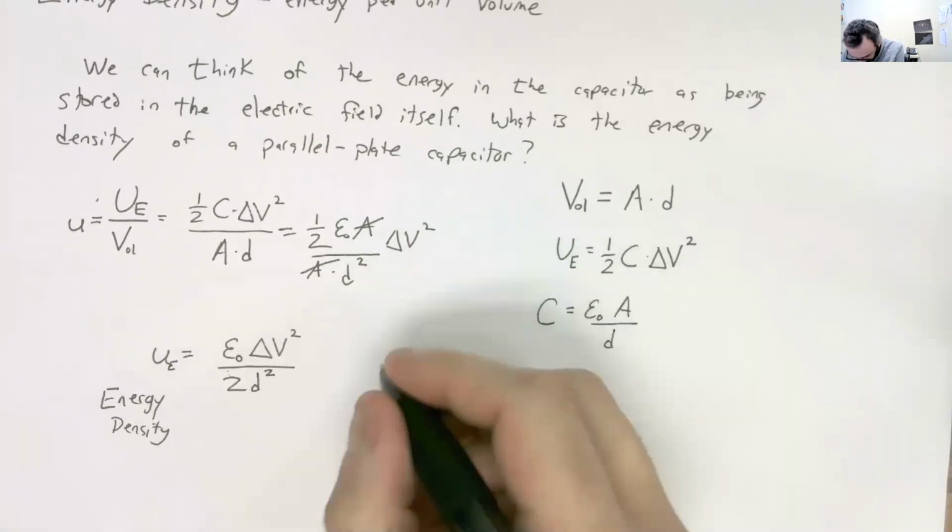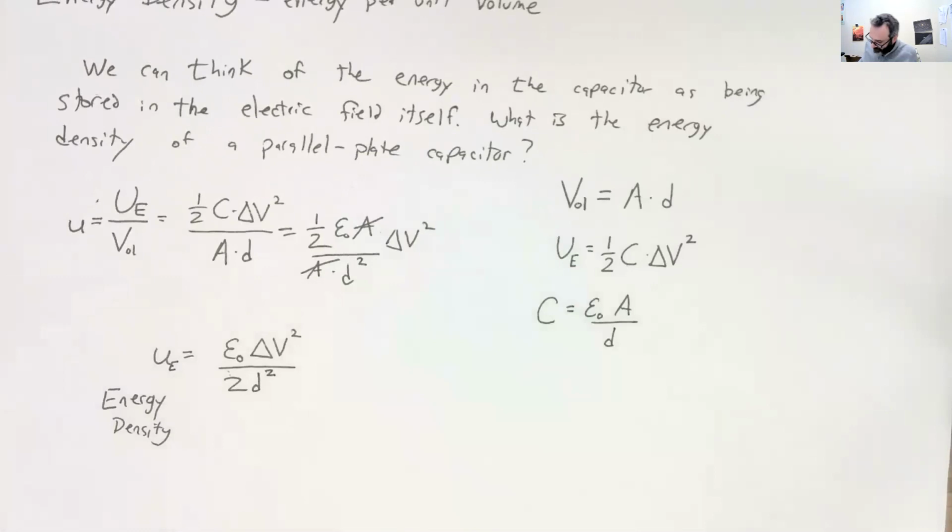The expression we come up with is going to be true not just inside a capacitor, but for every electric field. If you have a region of space where you know the electric field, this expression will give you the energy stored in that region of space, or the energy per unit volume at that point, no matter what the electric field is.